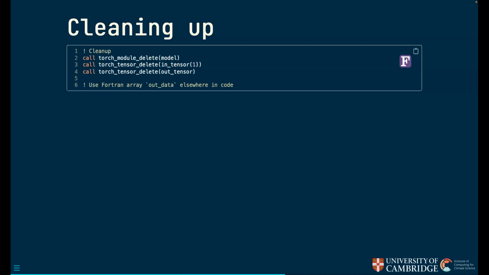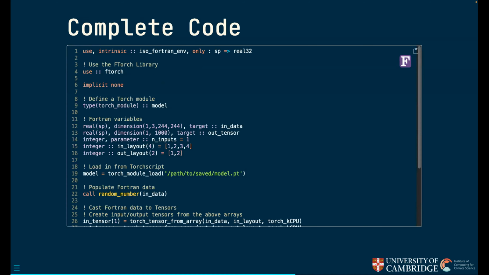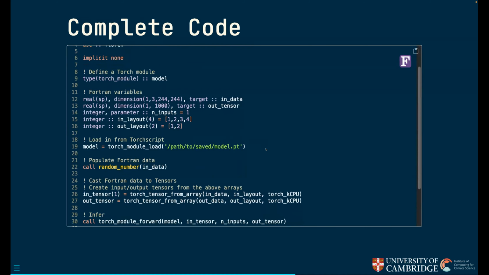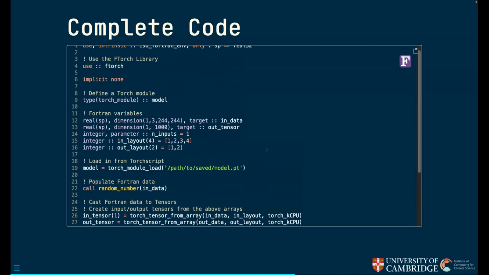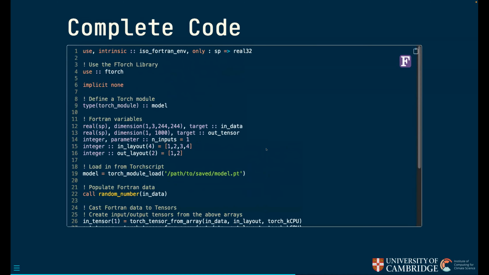And then the out data is immediately available to be used from the Fortran without having to do any recasting or data transfer. It's immediately ready for us. So the whole code, adapted from the ResNet example, for running ResNet within Fortran looks something like this.